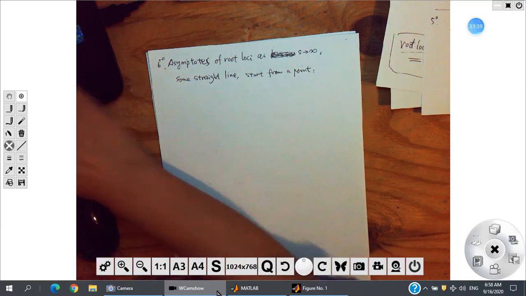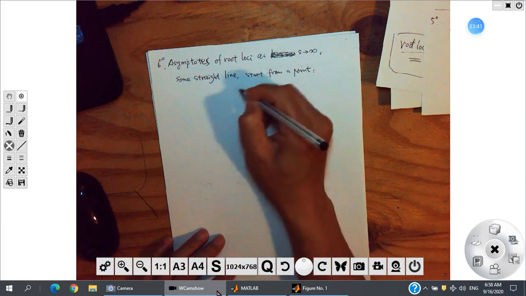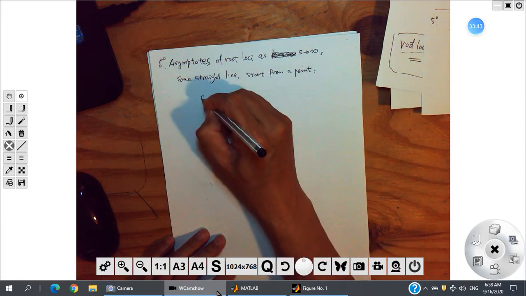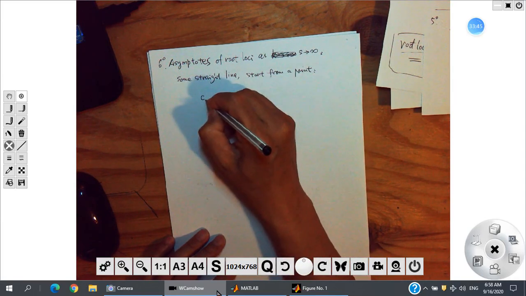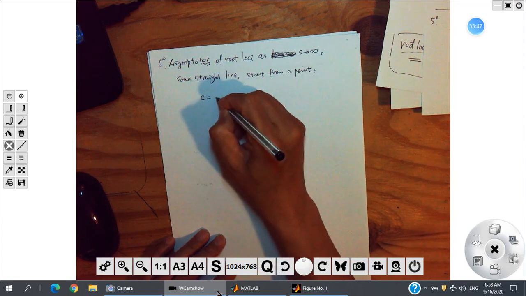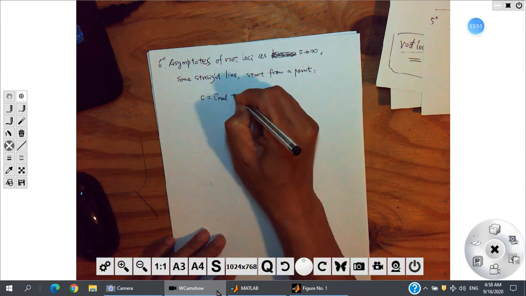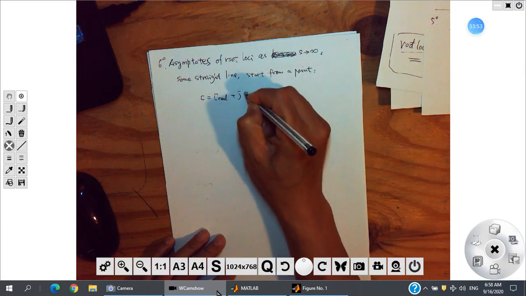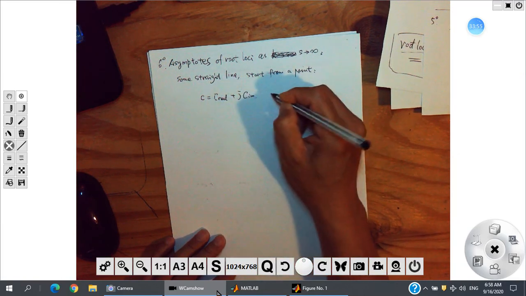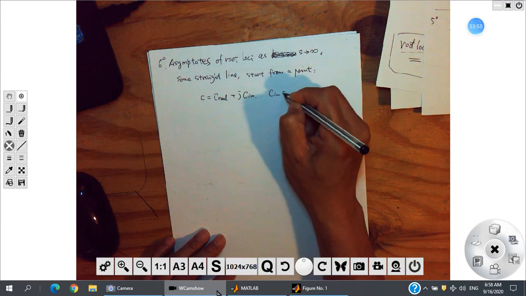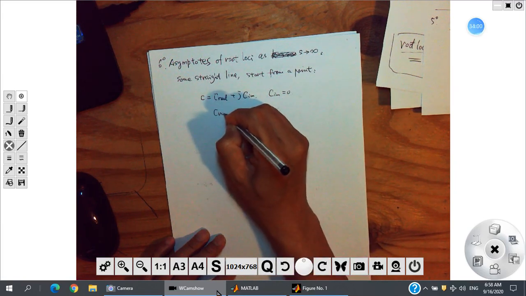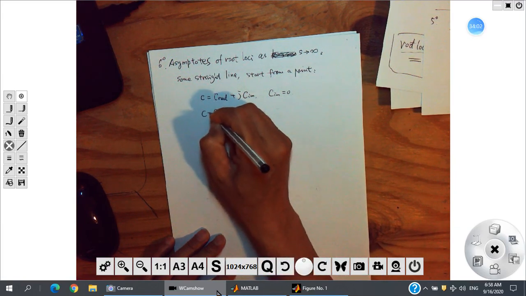That point is a real number. I say this is the center, c, equal to c real plus j times c imaginary. The c imaginary part is 0, so c is just a real number.